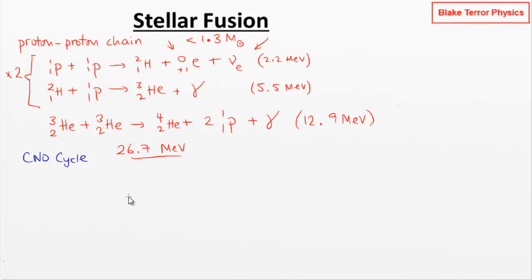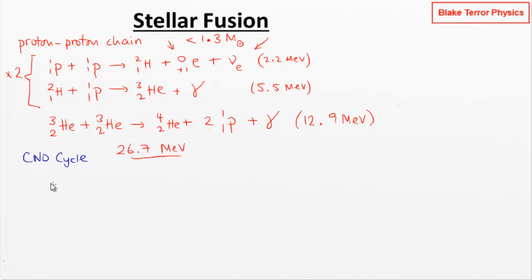If you're going to write out one equation covering the whole CNO cycle, of what goes in at the beginning and what comes out right at the end, then you don't need the carbon, the nitrogen or the oxygen in that equation. That would just be an equation of combining protons to form helium-4. So the carbon, nitrogen and oxygen are just catalysts, as we're going to see.